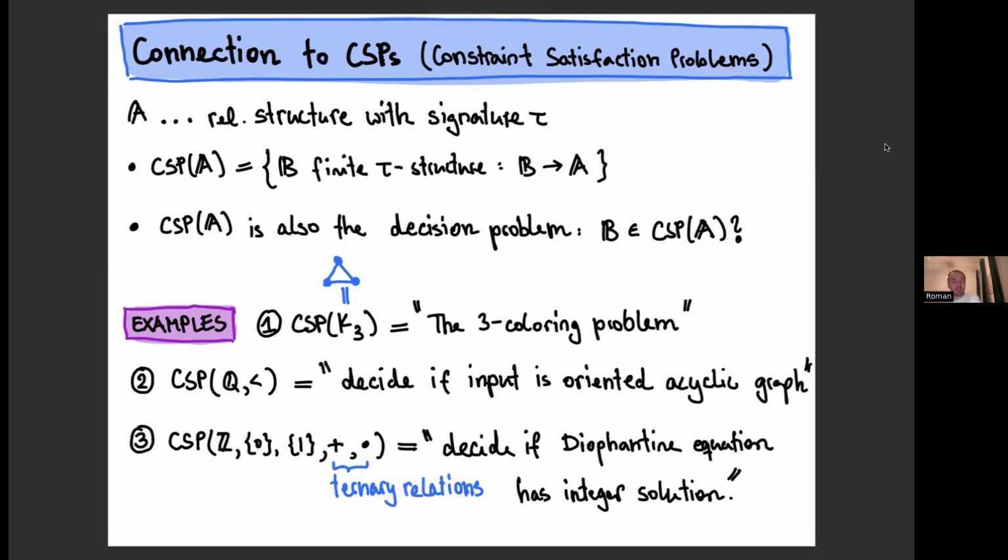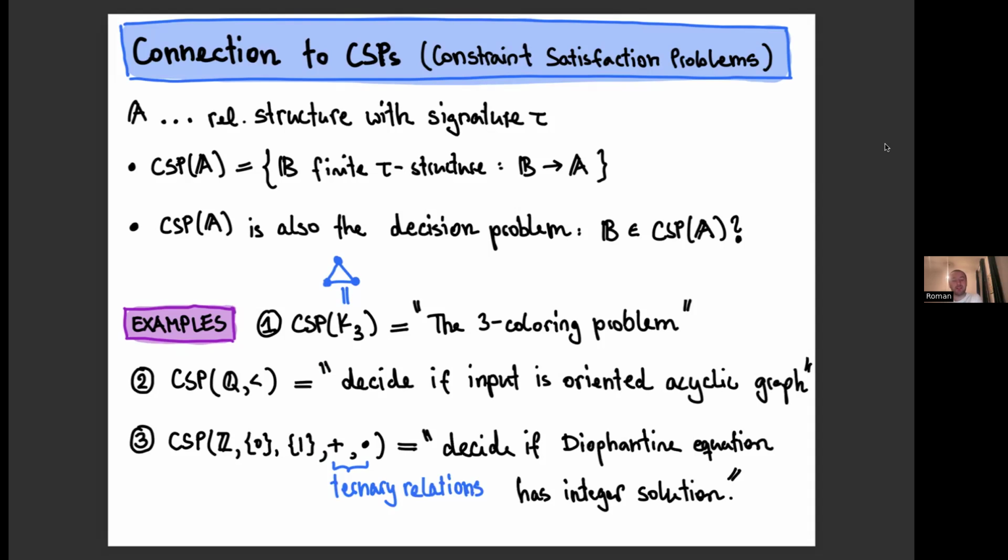And the last little example: CSPs can also model quite difficult questions, in fact undecidable questions. So the CSP of the integers with unary predicates for 0 and 1, and then ternary relations plus and times.